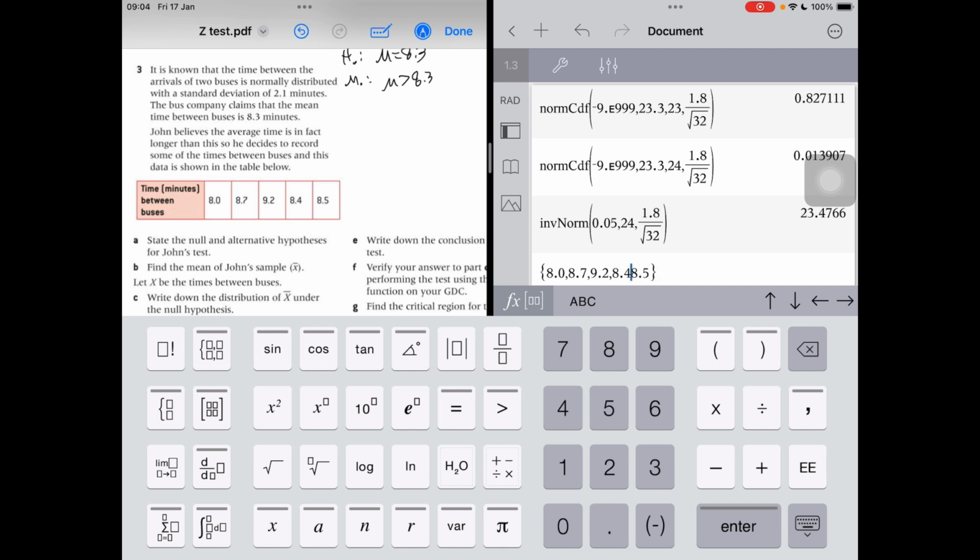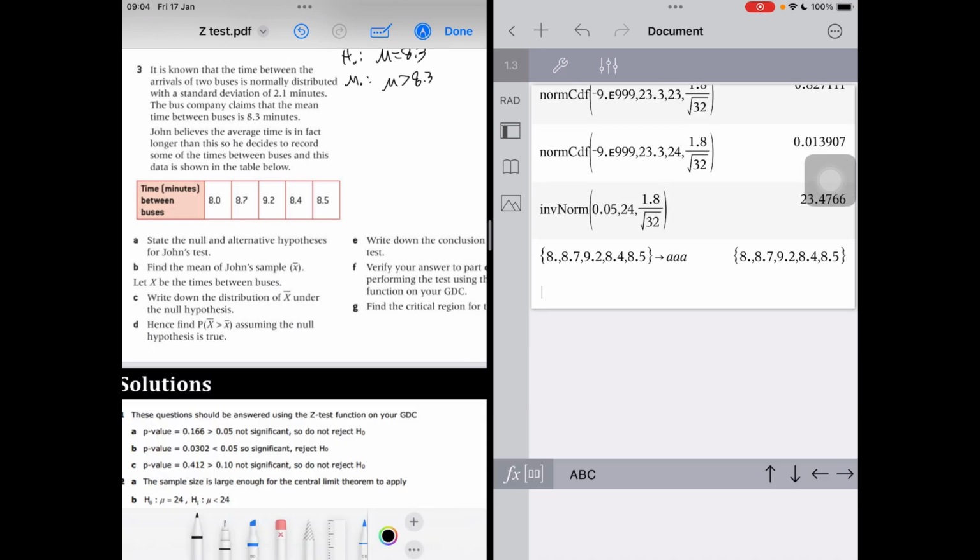Now another store, like a control and VAR, and let me call it AAA again. Now I use the same name AAA, but from now on my AAA is the list of these values.